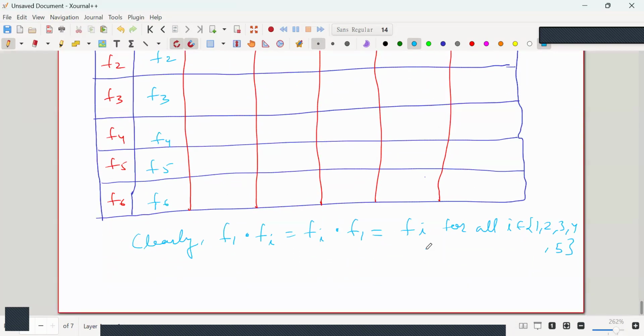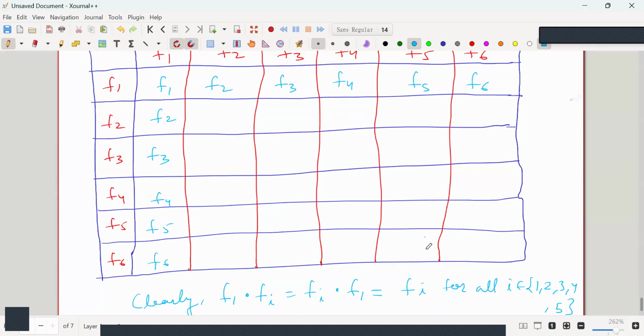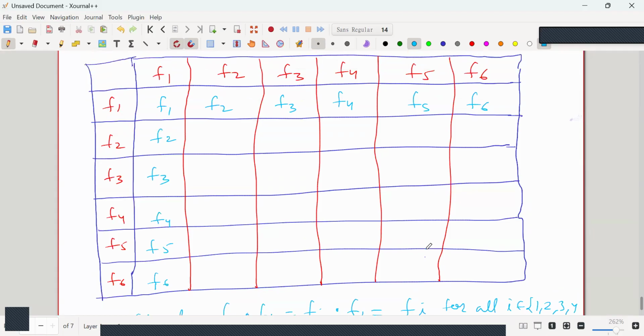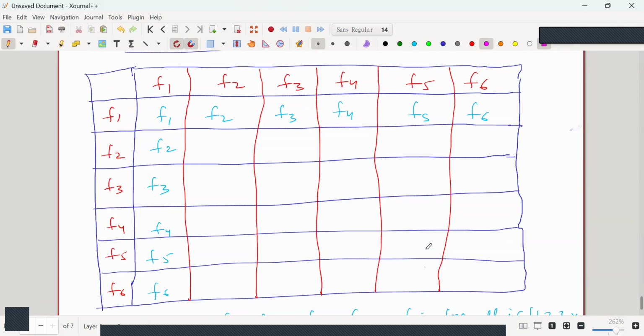Now, just to explain, this entry will denote, so this is the ij entry, so this will denote F2 times F6, not F6 times F2.